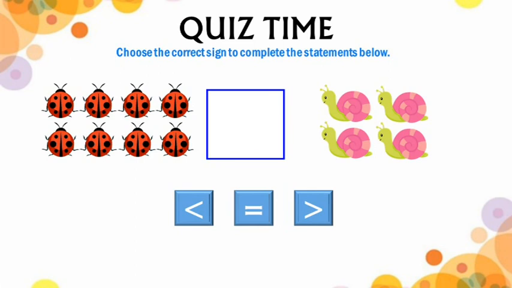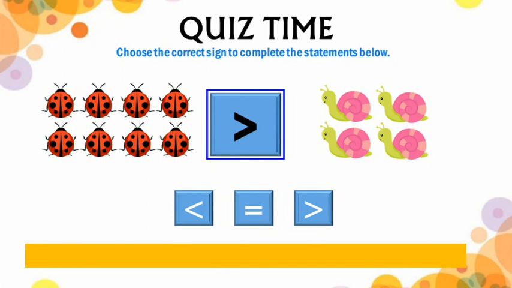Your work is to choose the right sign from the signs you are seeing. Very good. Here the number of ladybugs is more than the number of snails. So that's why here we used the greater than sign.